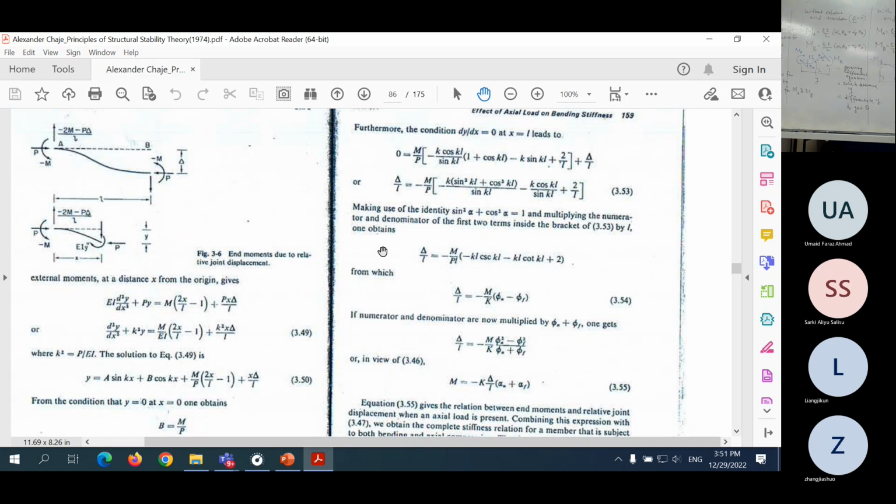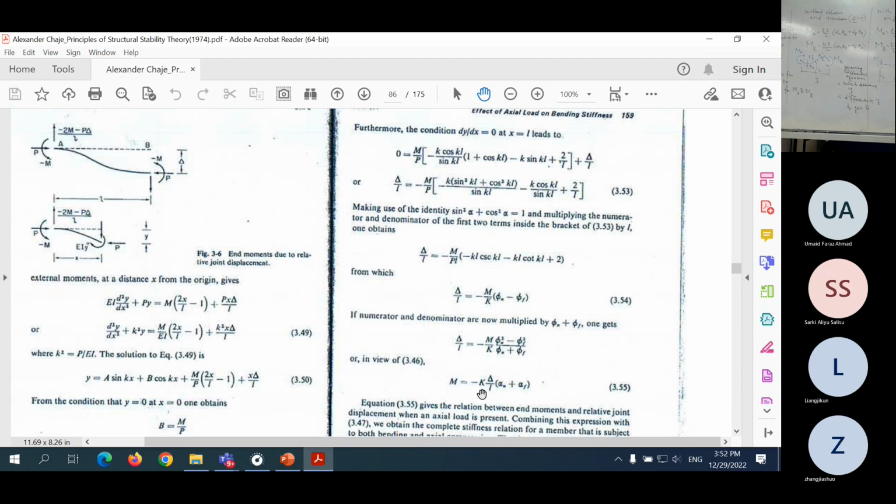Then we write delta over L in this form, introducing psi N and psi F, using psi N over psi F. There are some mathematical manipulations here. Then we introduce psi N and psi F because psi N is this, psi F is this. Then finally, delta over L will come to these equations, and we rewrite this, making M the subject of the equations, then we get to this.